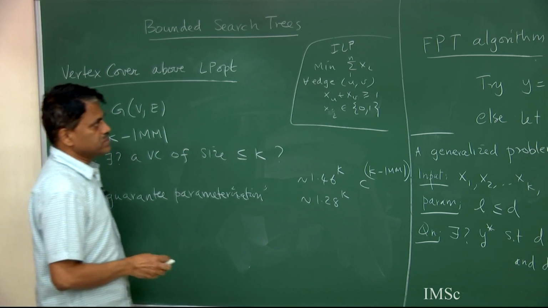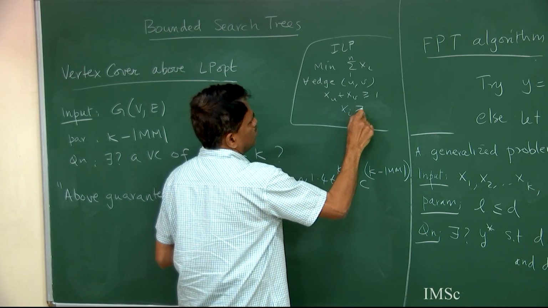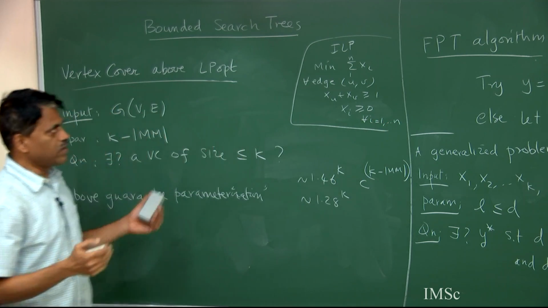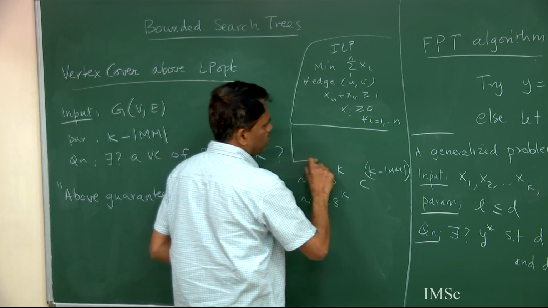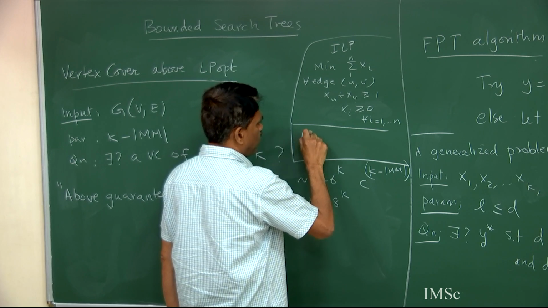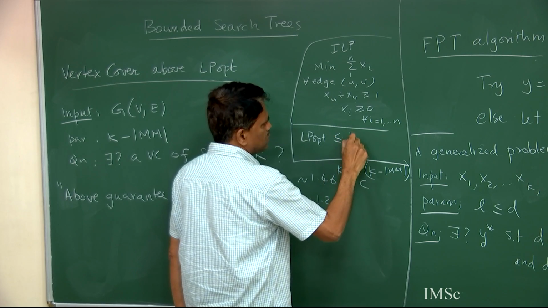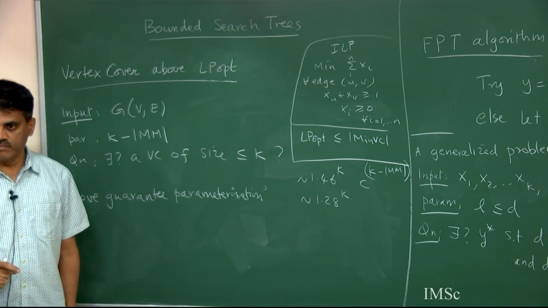Now, if I relax this to a linear program, then you can solve this LP in polynomial time. You get the optimum solution for the LP. So, again an observation we saw last time is that LP opt is less than or equal to the size of the minimum vertex cover, right.